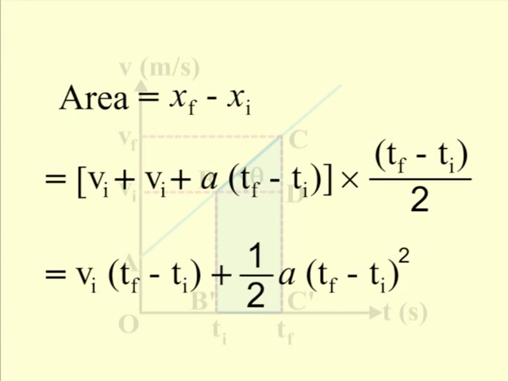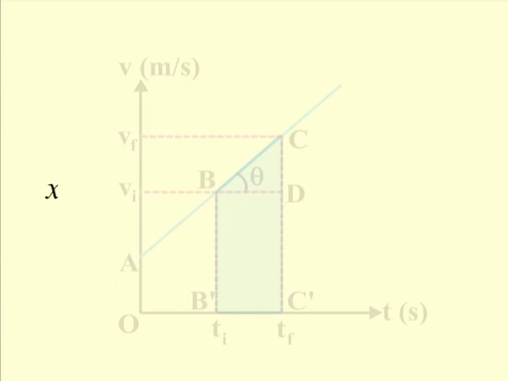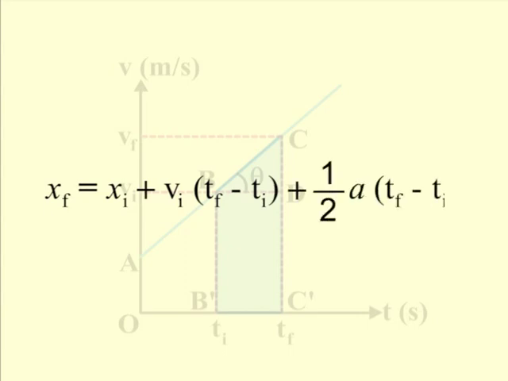In other words, the relation for final position becomes xf equal to xi plus Vi into Tf minus Ti plus half of A into the square of Tf minus Ti.